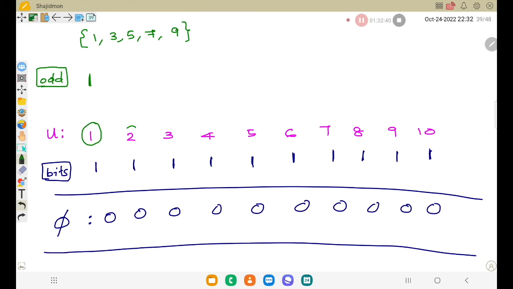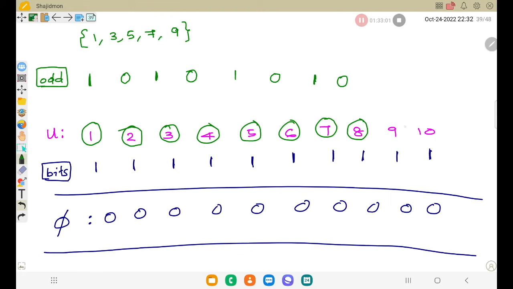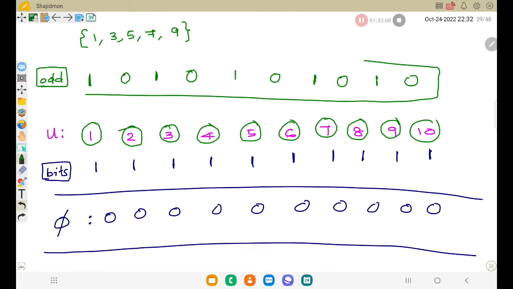For example, 2 is not an odd number, so 0. 3 is an odd number, put 1. 4 is an even number, so put 0. 5 is an odd number, put 1. 6 is an even number, 0. 7 is odd, 1. 8 is even, put 0. 9 is odd, put 1. 10 is even, put 0. So this is the bit string representation of the subset 1, 3, 5, 7, 9.